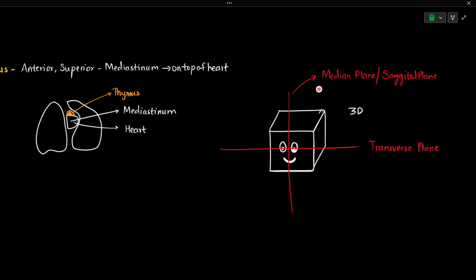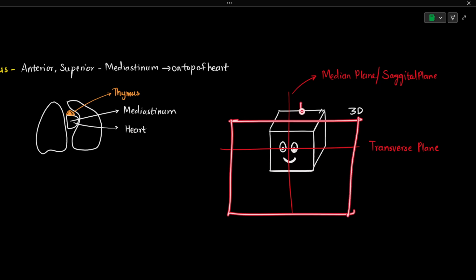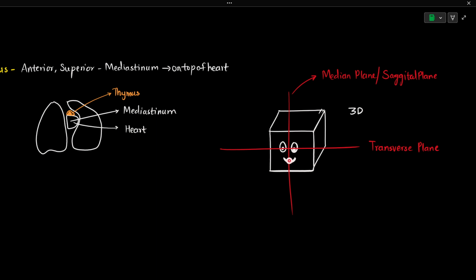Whereas if I cut this cube in this particular plane, which is going to make two halves, this particular plane is known as the coronal plane. If I cut it in this plane, it is going to create one segment and a second segment, known as the anterior and posterior segments.